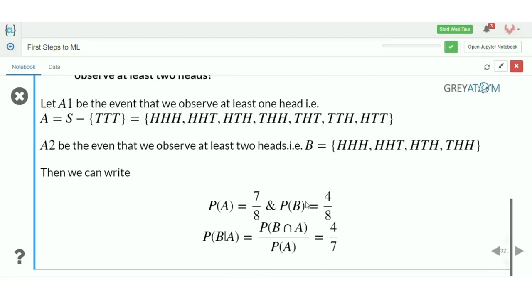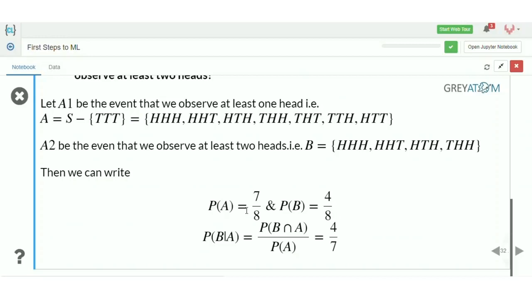Then we can write P of A is 7 by 8 and P of B is 4 by 8, and P of B intersection A, right? P of B intersection A is the common events between both B and A. All the 4 events in B are also part of A. So P of B intersection A is 4 by 8, which is also the probability of B. So P of B intersection A divided by P of A gives 4 by 7, right?